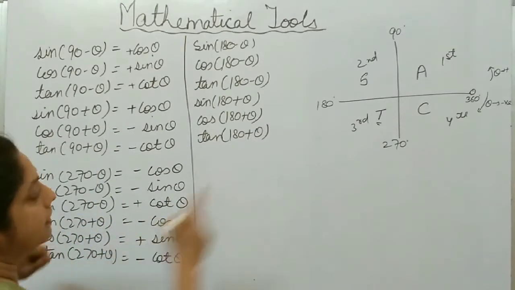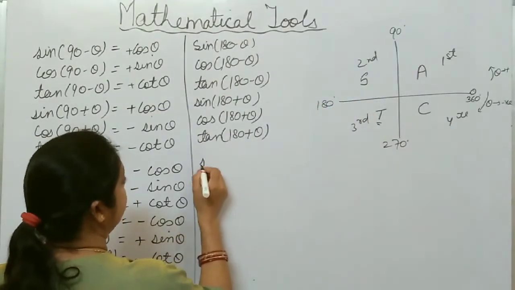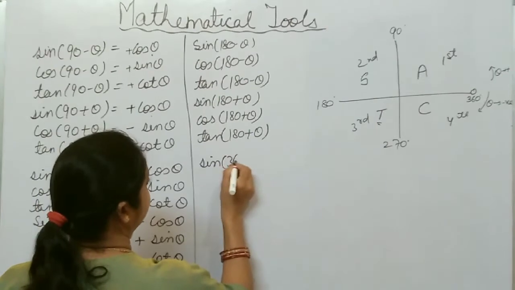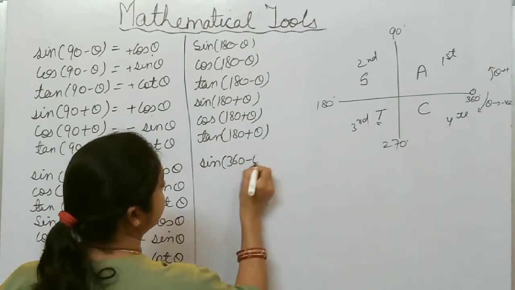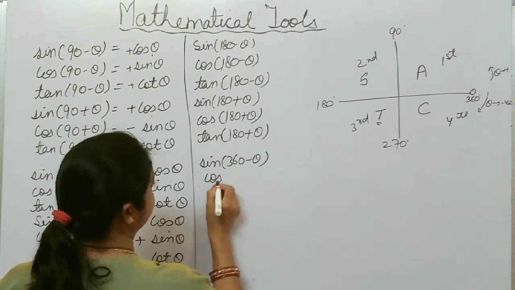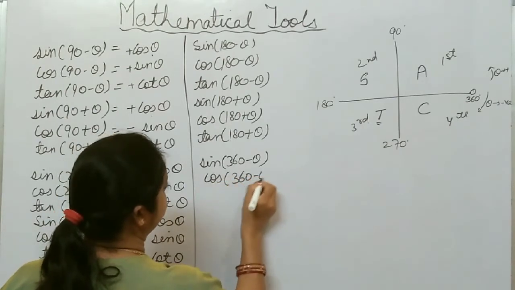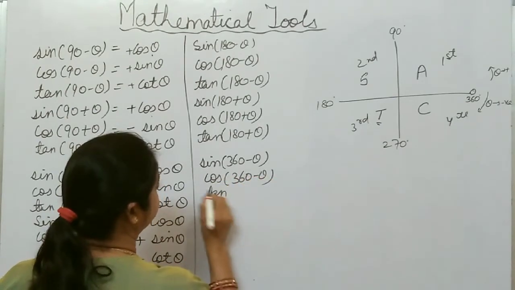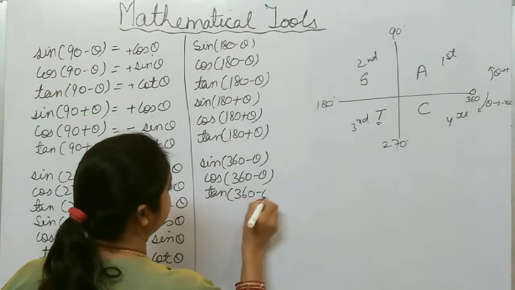After 180, then 360. Sine 360 minus theta, cos 360 minus theta, tan 360 minus theta.